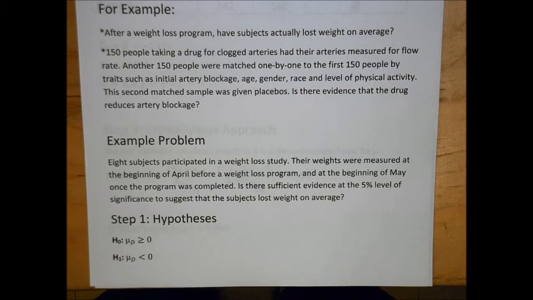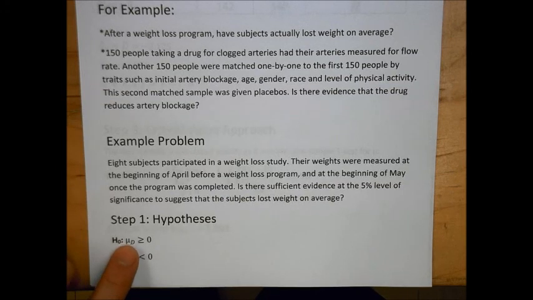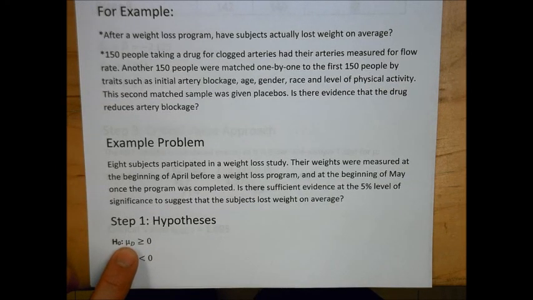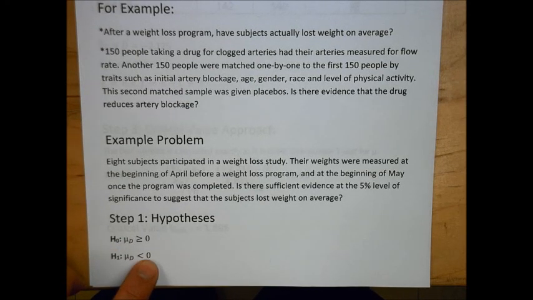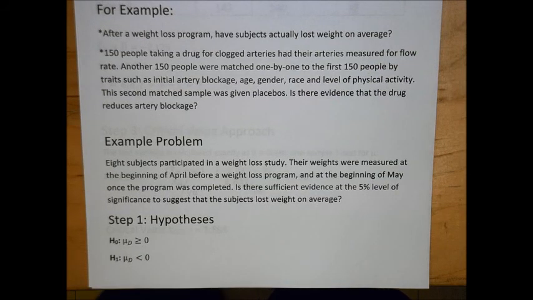What we're really focusing on is the difference in each subject's weight between May and April. So we call that the mean difference, or mu sub d. If the mean difference in this case is negative, less than 0, that indicates that the average weight has decreased over the time of the training program.